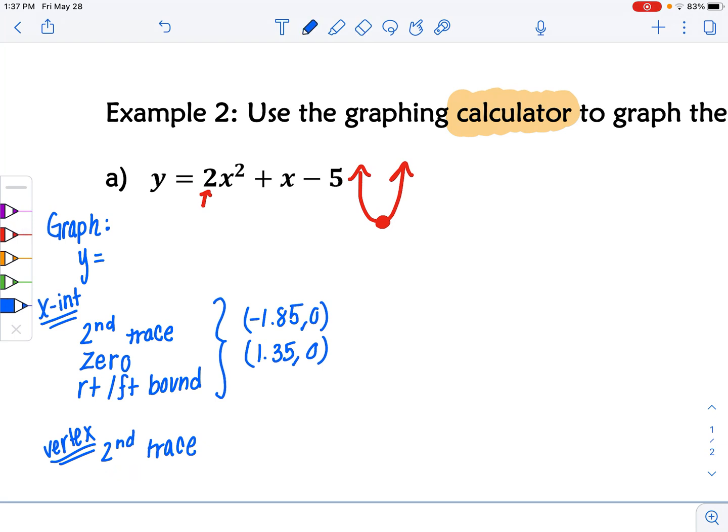So in this case, I'm making the decision. It is a minimum. Again, you'll do that right-left bound. And then it should pop out your answer once you press enter 3 times. The vertex should be negative 0.25, comma negative 5.13.